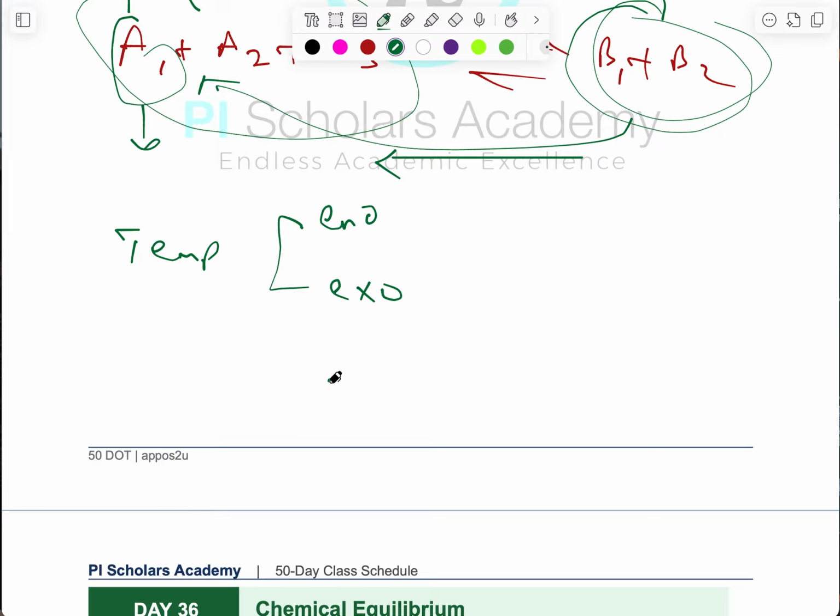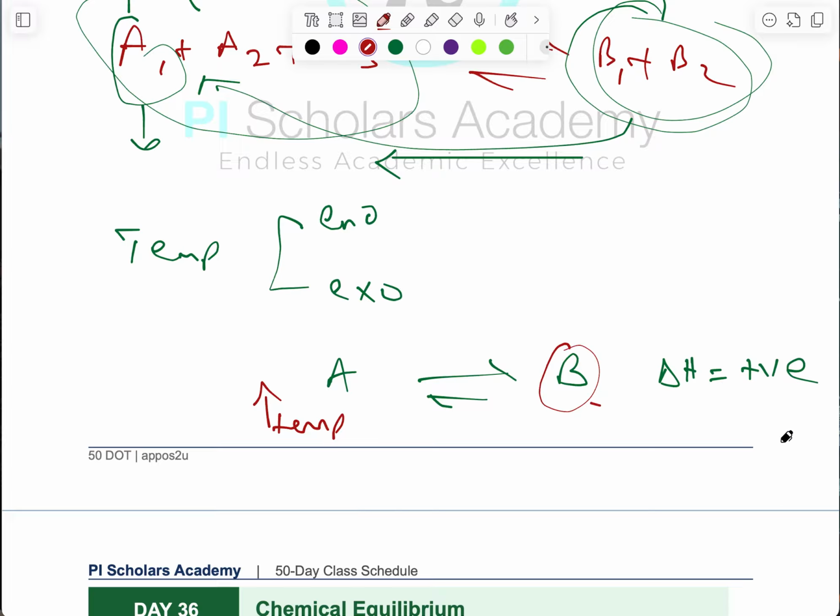So what I'm saying is that if you have a reaction A to B, and then the delta H of this is positive. From there now, you know that this is an endothermic reaction. I explained that to you earlier. So if this is an endothermic reaction and you increase the temperature in this system, what's going to happen is that more B will be formed because this is an endothermic reaction.